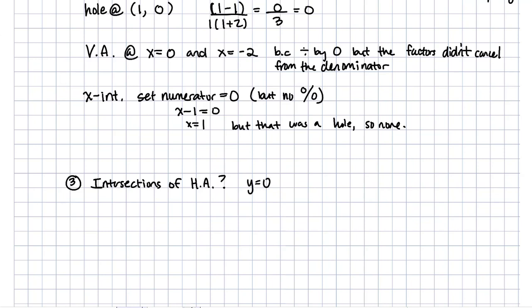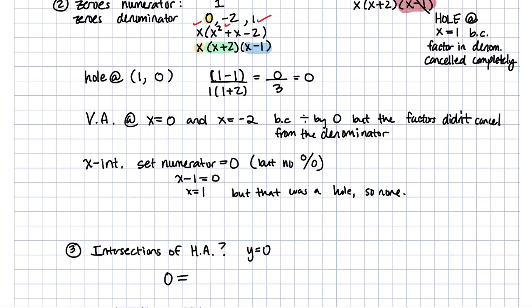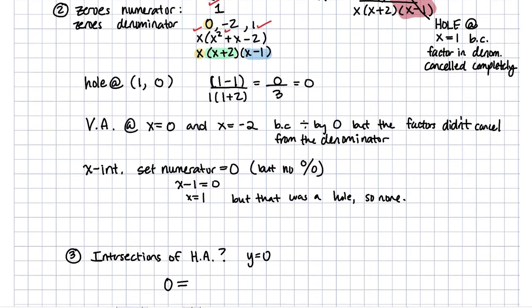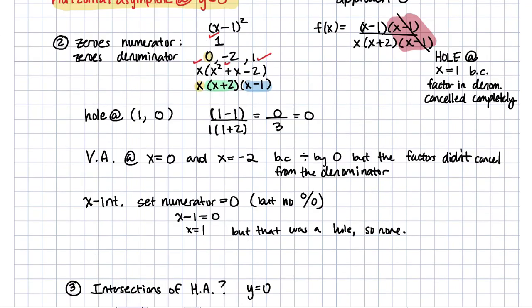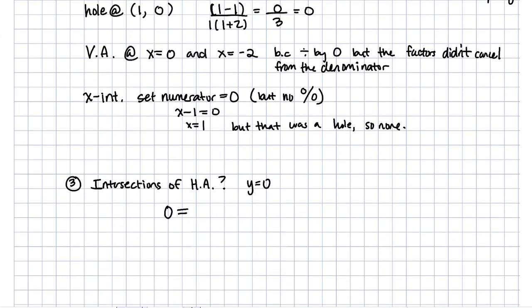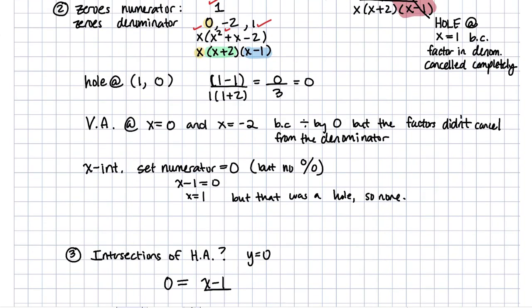To figure out if you intersect a particular y value, you set your function output equal to that value that you want to know if you intersect. So if I had a horizontal asymptote at 5, I would write 5 equals. But since our horizontal asymptote we already established was at 0, we're going to set your reduced fraction equal to that.